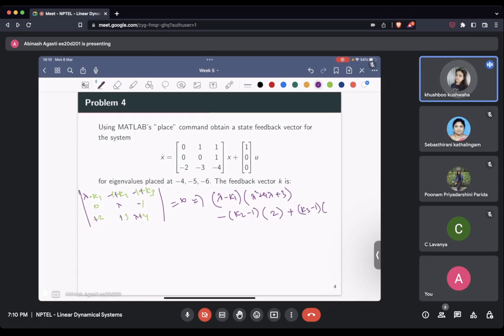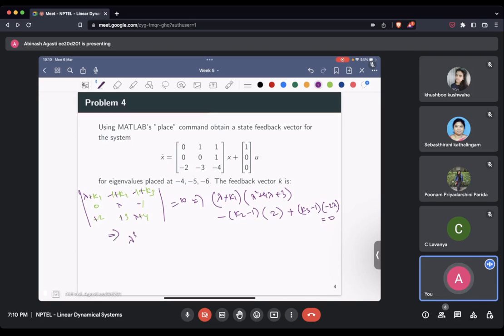Sir, lambda plus K1 it will be, right? Here, sorry. Thank you. K3 minus K1, 0 minus 2 lambda is equal to 0.